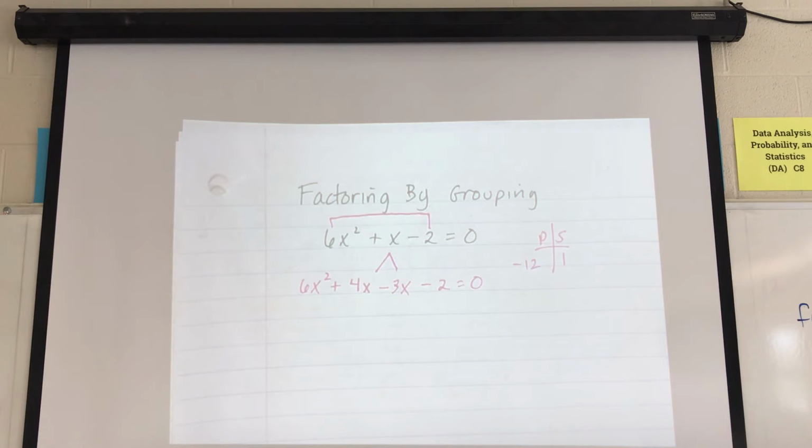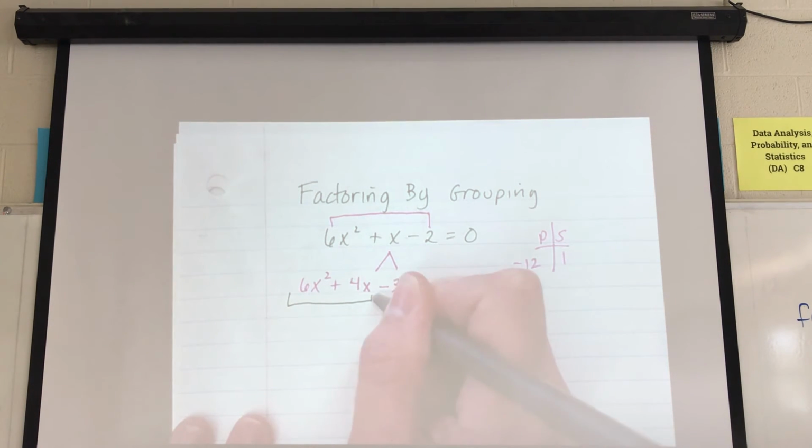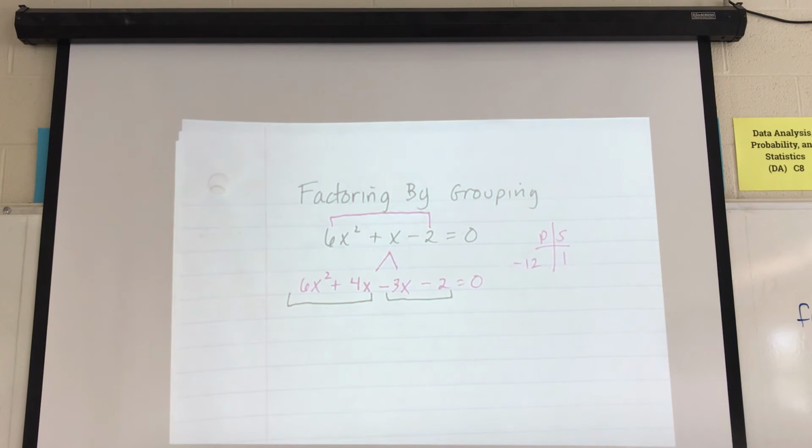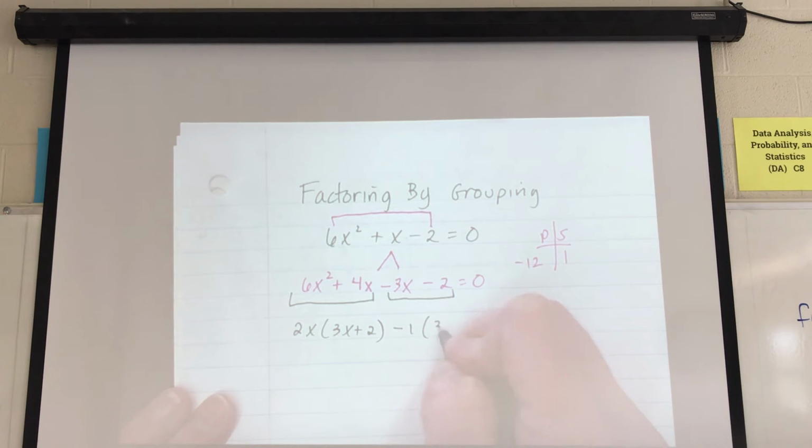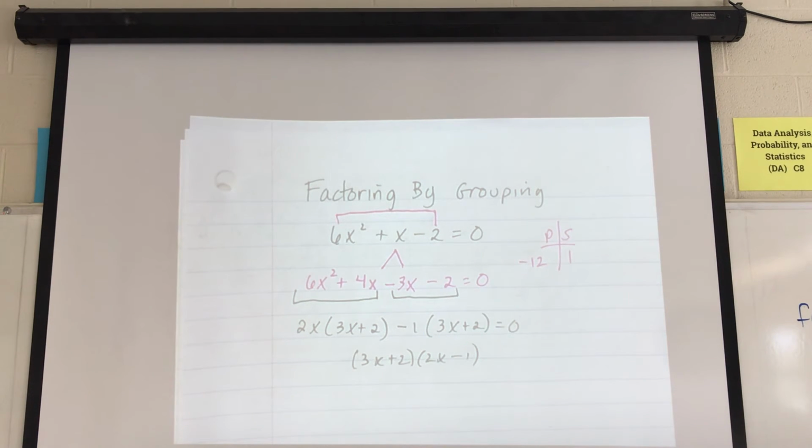Because here is where we go, oh yes, I'm going to find the GCF of each half of this thing, giving me 2x times (3x + 2) minus 1 times (3x + 2), and then I factor and solve. Great. All I really care about in this particular example is the factoring by grouping portion.